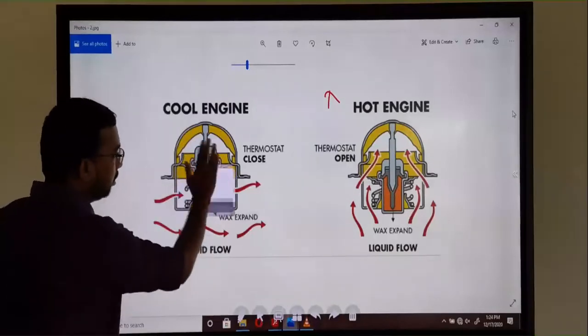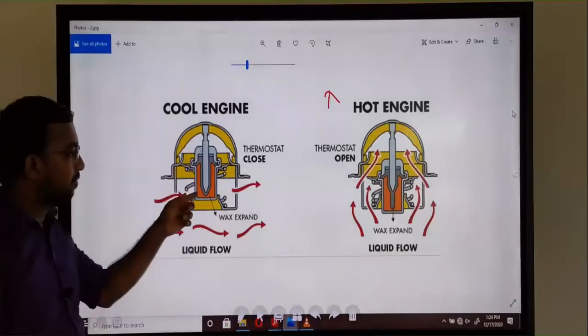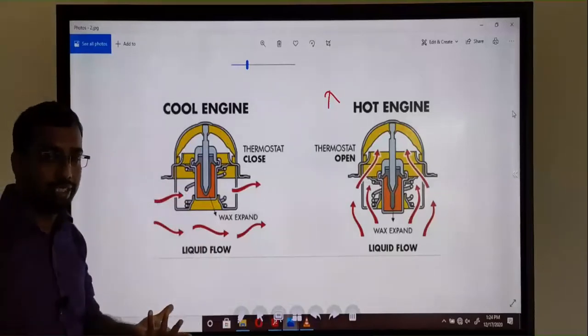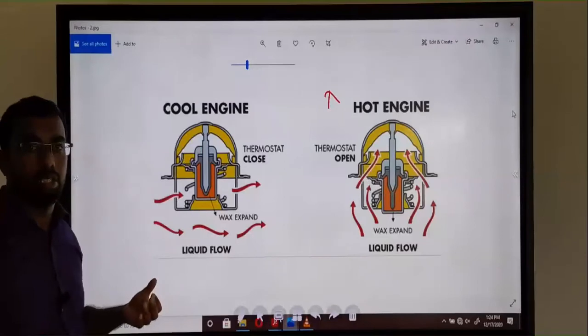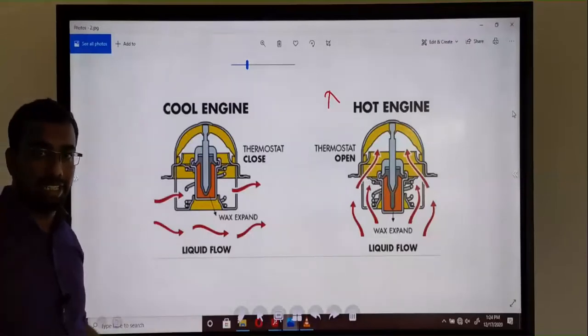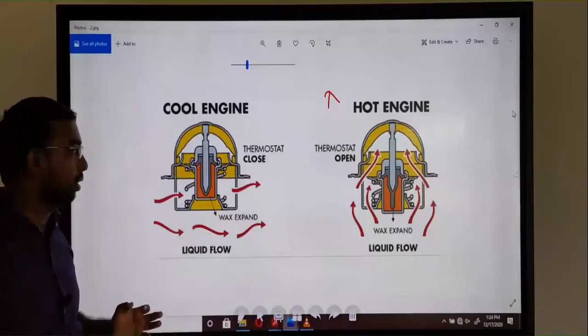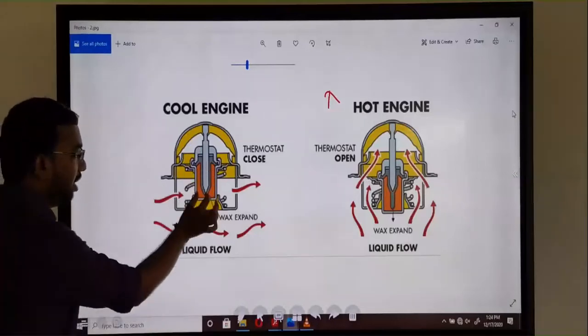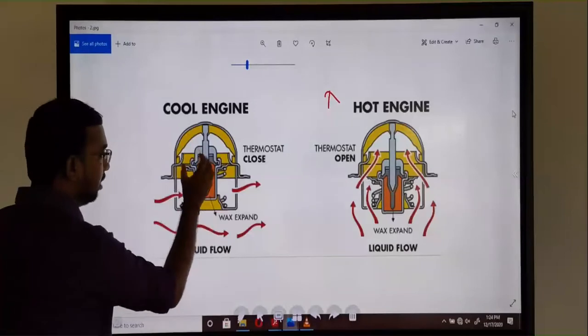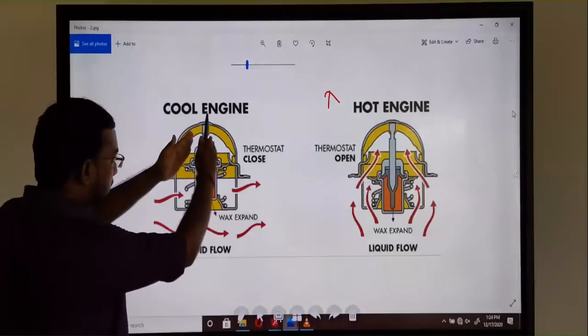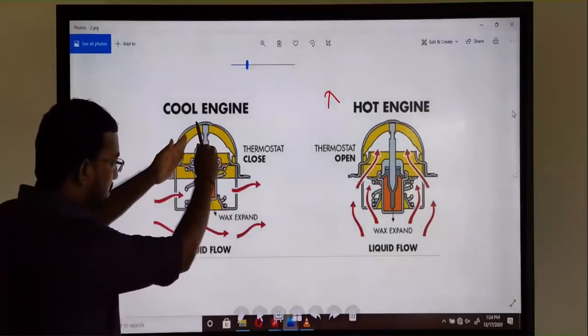So just think this wax expands. Expand means its volume is increased, so it needs some more area to fill. According to that pressure, what will happen? This moves.